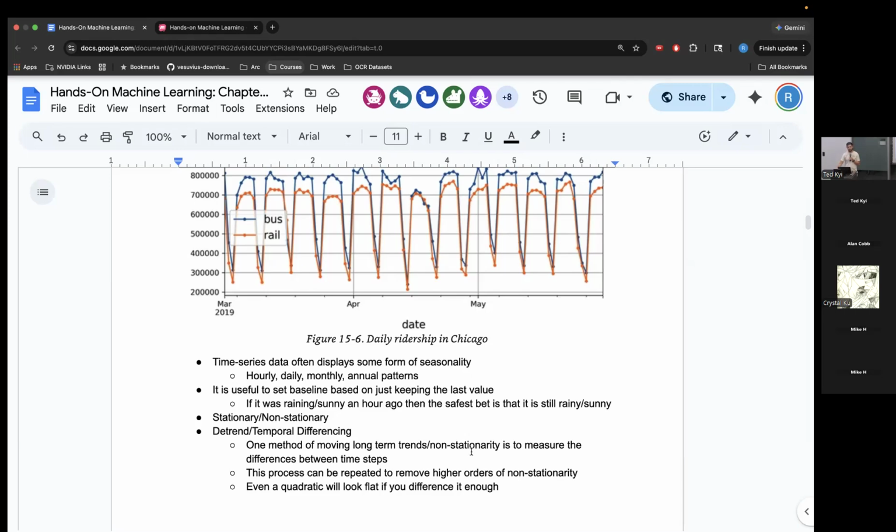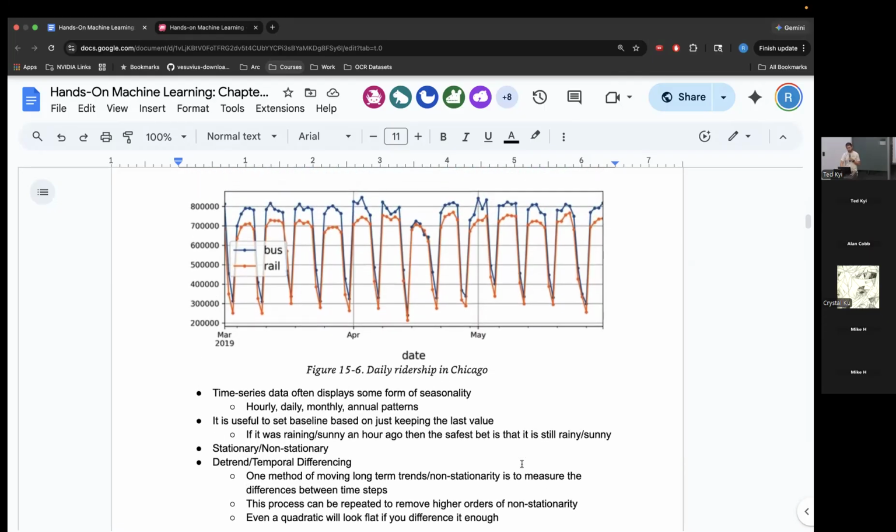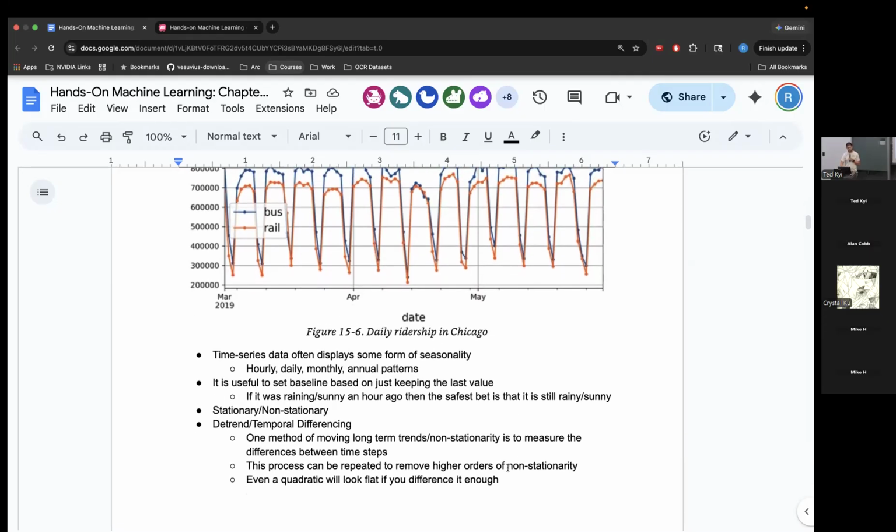So if you have something that's highly non-stationary, like parabolic, just going massively up, it's not staying stable, then you can apply this temporal differencing multiple times, and over time it will stabilize it out and make it more consistent. So for time series, the concept of stationary, non-stationary is very important.